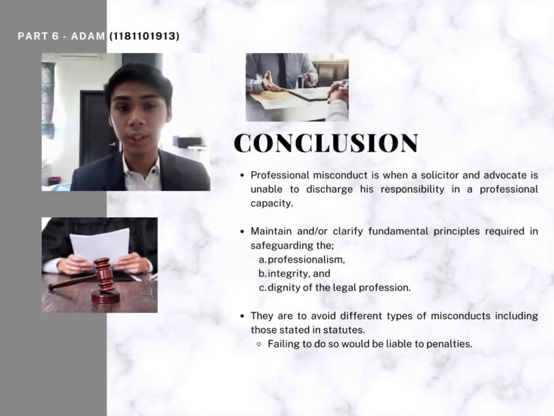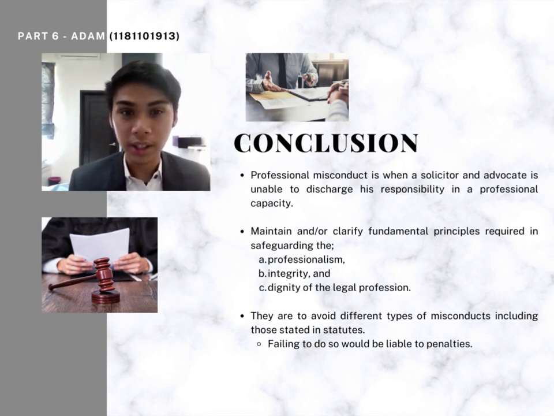To put it in a simple conclusion, professional misconduct is when a solicitor and advocate is unable to discharge his responsibility in a professional capacity, where they are to perform their duties bound by the law and ethical conduct during practice, to maintain or clarify fundamental principles required in safeguarding the professionalism, integrity, and dignity of the legal profession, by avoiding different types of misconduct, including those stated in the statutes that my previous groupmate had stated before.